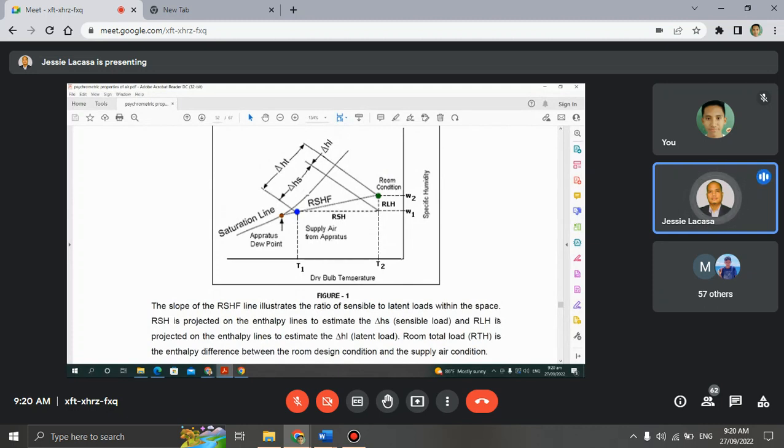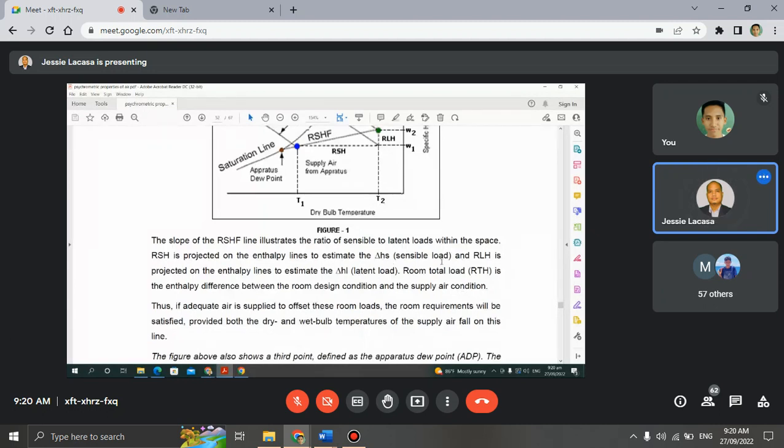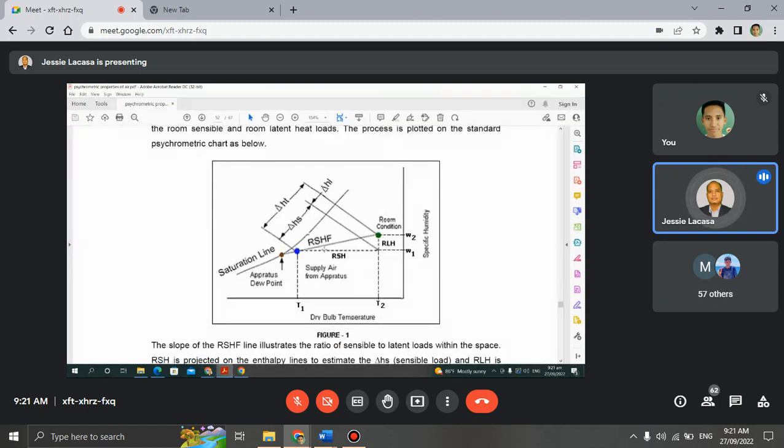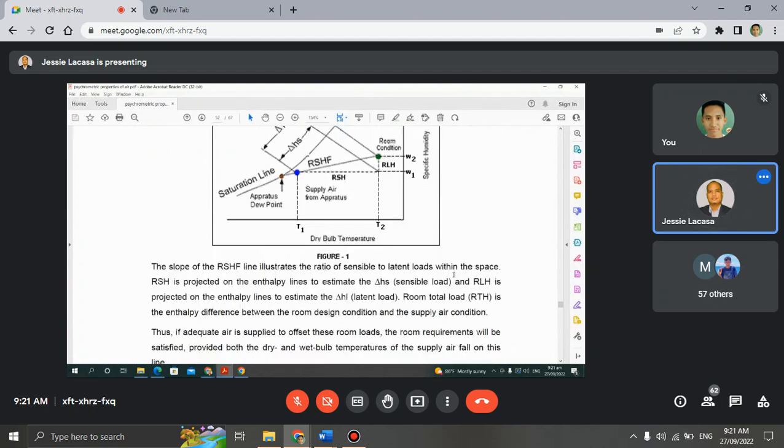And RLH, room latent heat, is projected on the enthalpy lines to estimate the change in the latent heat, or the latent load. So the room total load is the enthalpy difference between the room design condition and the supply air condition. So this is the room total heat.